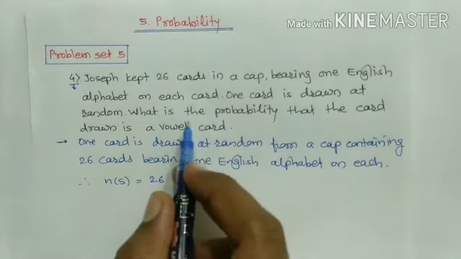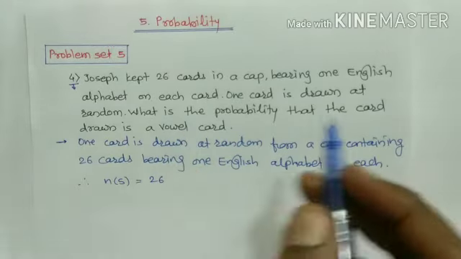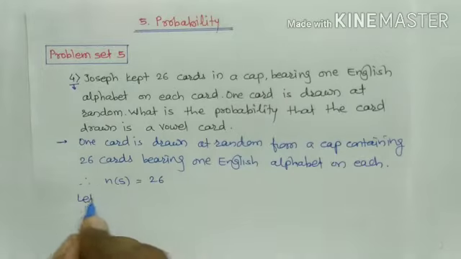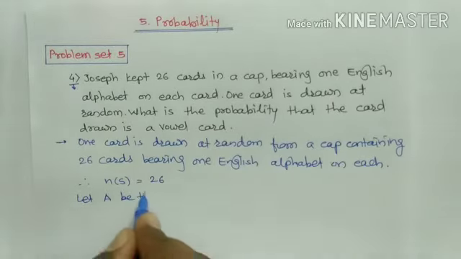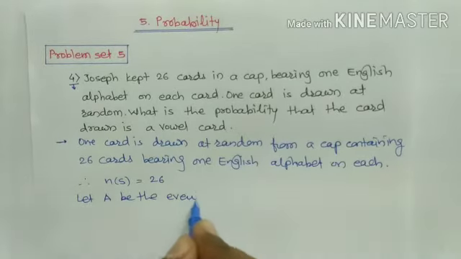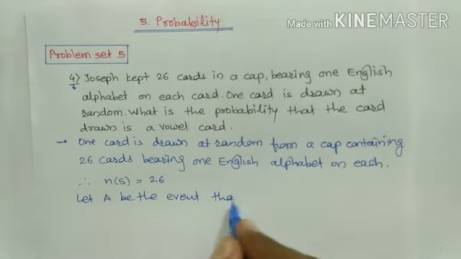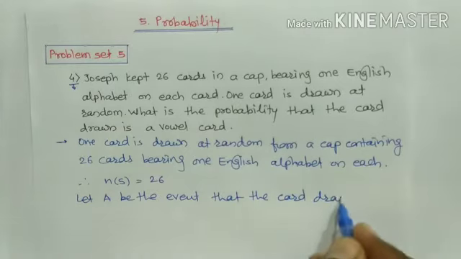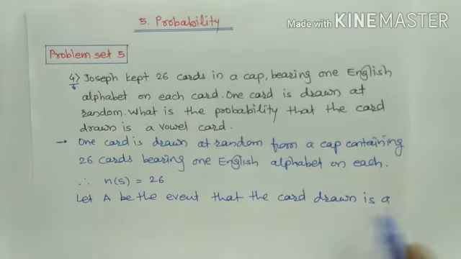Now this is the event. Which event is given? That the card drawn is a vowel card. So let A be the event that the card drawn is a vowel card.